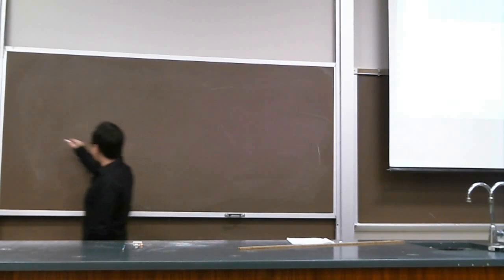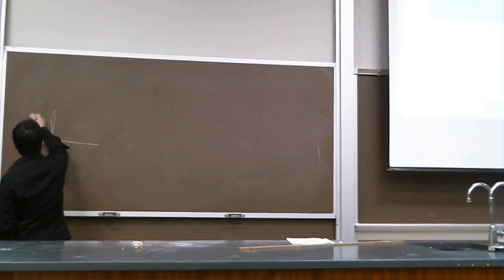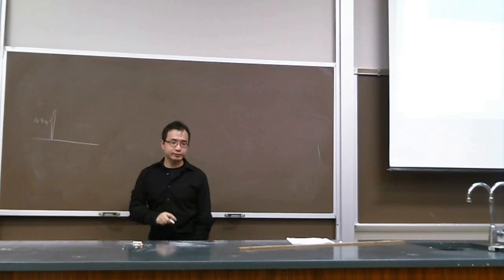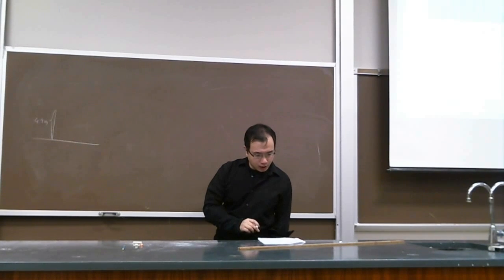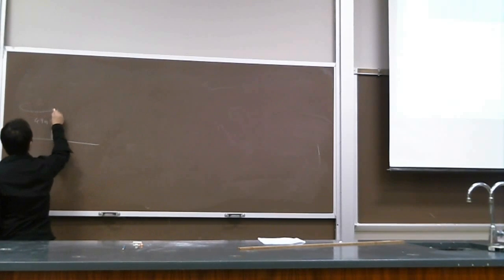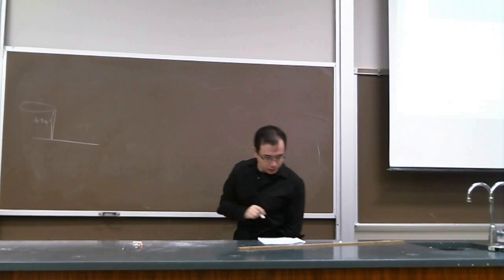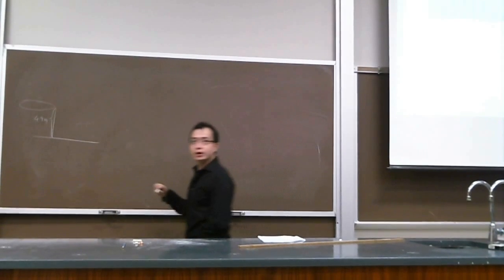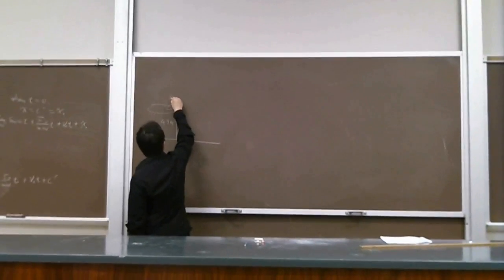Okay, so something like this, 4.9 meters above the ground. So he rolls a stone horizontally with circular motion. The radius is 2 meters.